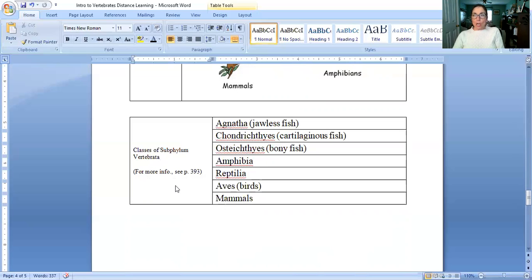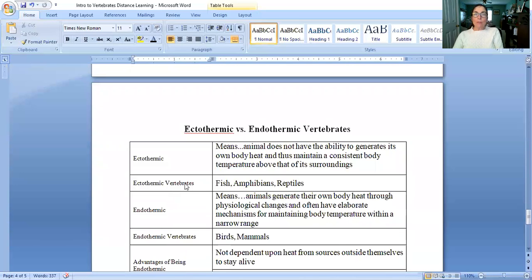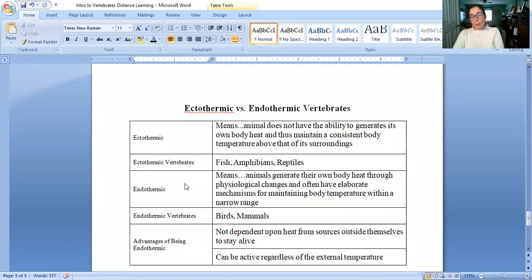Now we just need to talk a little bit about the difference between an ectothermic vertebrate and an endothermic vertebrate, because we're going to study the ectothermic vertebrates first, and then we're going to study the endothermic vertebrates. So you may remember from 7th grade that ectothermic means that the animal doesn't have the ability to generate its own body heat.